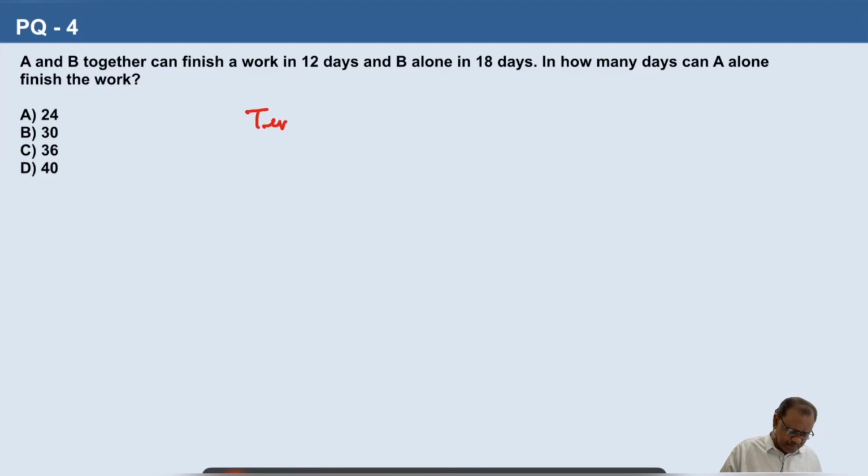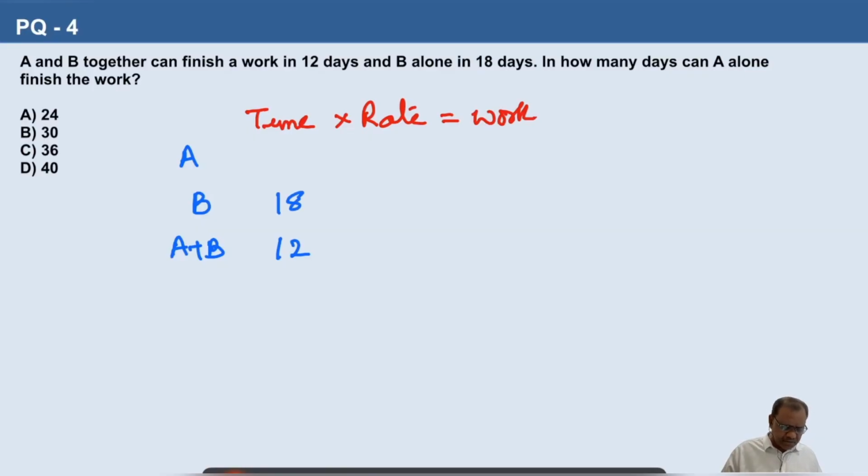Time into rate is equal to work done. So here also again we have the same 2 people A, B and A plus B. A and B together can finish the work in 12 days. This we know. B alone in 18 days. We don't know how many days A will take. So that's what we have to find out.